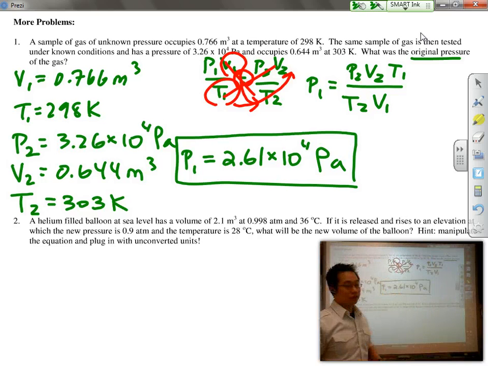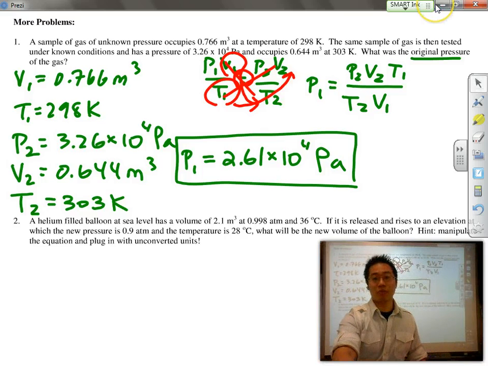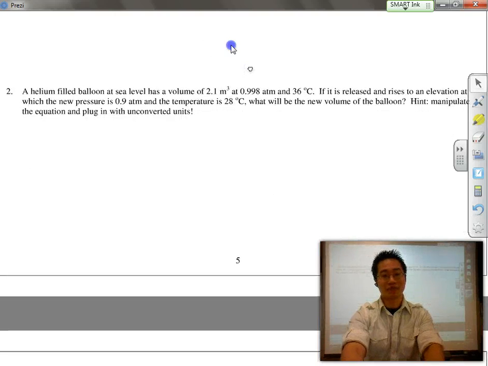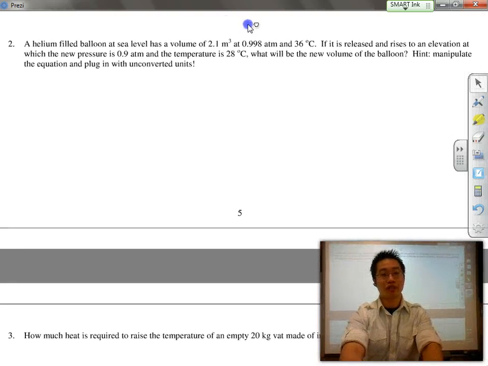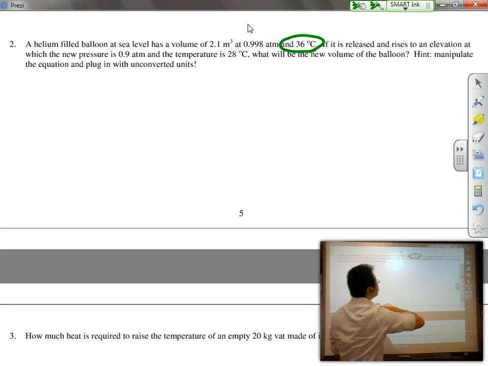So it's very straightforward. You just have to be careful about your units. In this case, all the units were in their proper form, but if you're doing a question which is not, for example, the following question, you have to be careful. So this temperature would have to be converted into Kelvin.